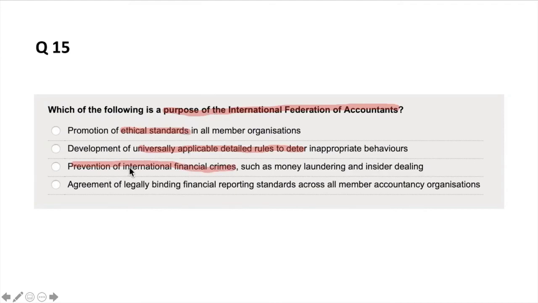So they're not there to prevent any crime. And finally, agreement of legally binding financial reporting standards across all members. No, they're not there to create any agreement of legally binding financial reporting standards. That's not what they do. They actually are there to promote ethical standards, and that is the answer to this question here.